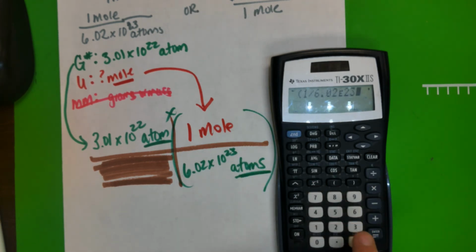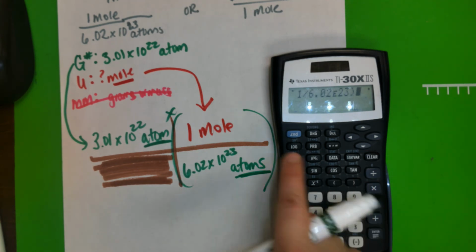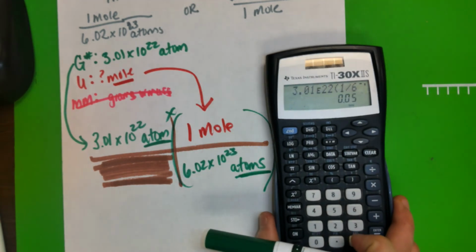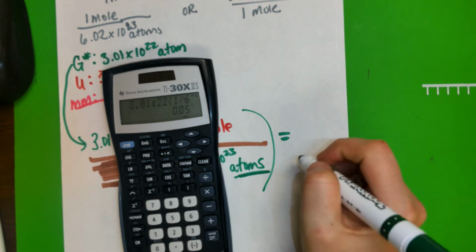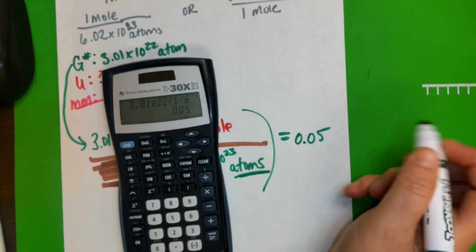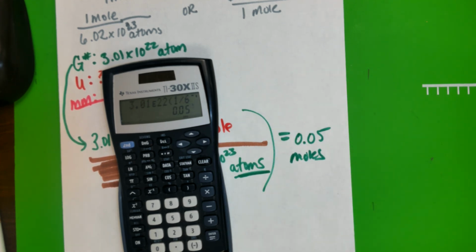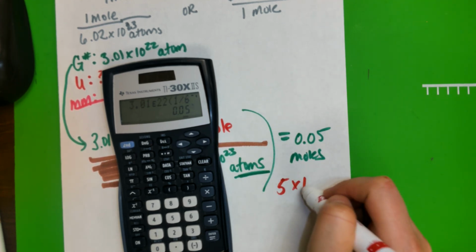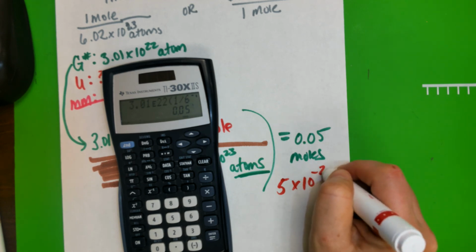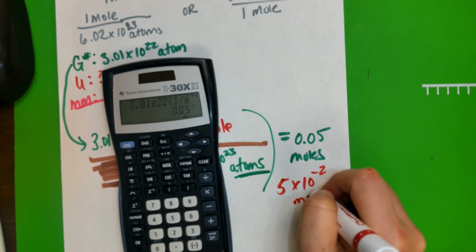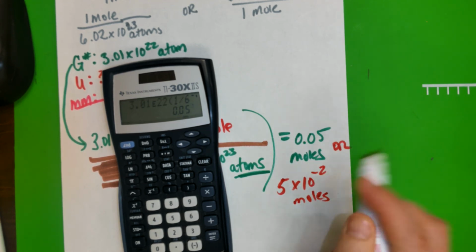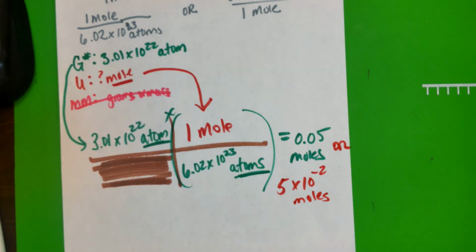Second E, 23, and then you close it, and you see it gives you 0.05, and that's the moles, which is the same thing as 5 times 10 to the negative 2 moles. So again, it's either or, it doesn't matter.